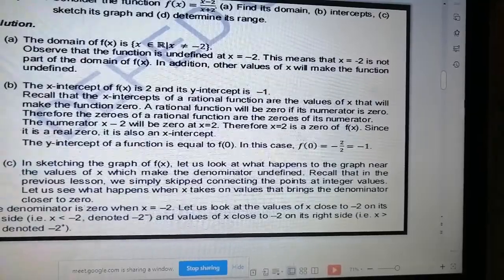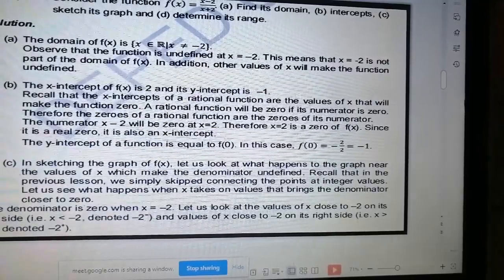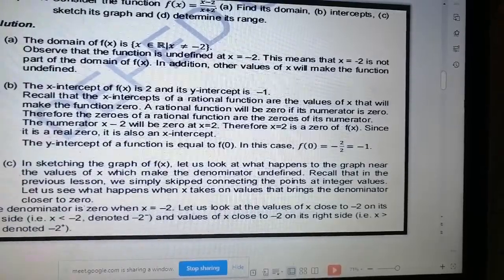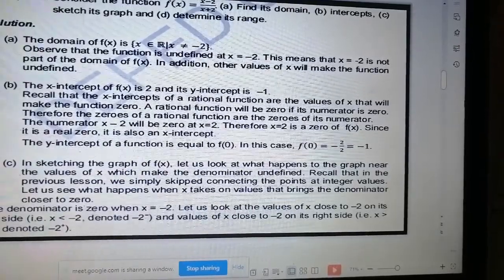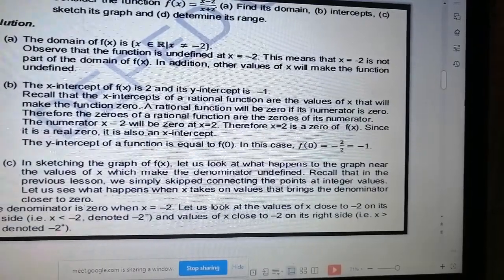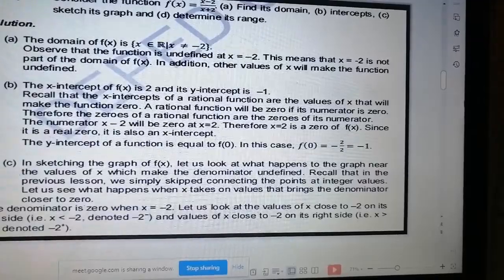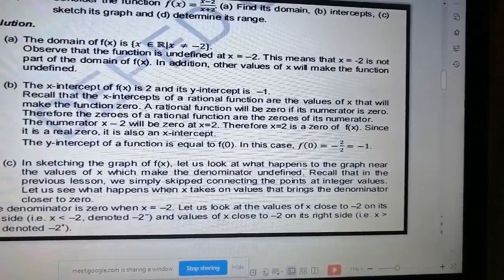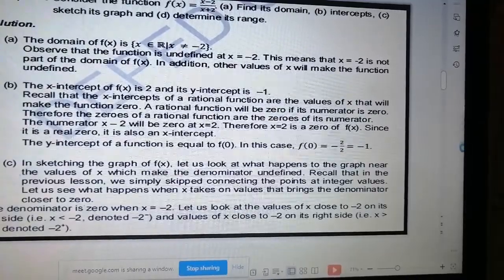Let us see what happened when x takes on values that bring the denominator closer to 0. Okay, the denominator is 0 when x is equal to negative 2. Let us look at the values of x close to negative 2 on the left side.